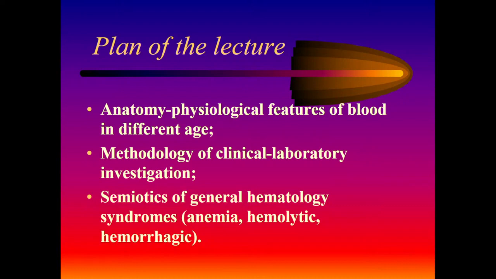The plan of the lecture includes: first, repeat anatomy-physiological features of blood in different ages during childhood; methodology of clinical laboratory investigation; and semiotics of general hematology syndromes: anemia, hemolytic and hemorrhagic syndrome.